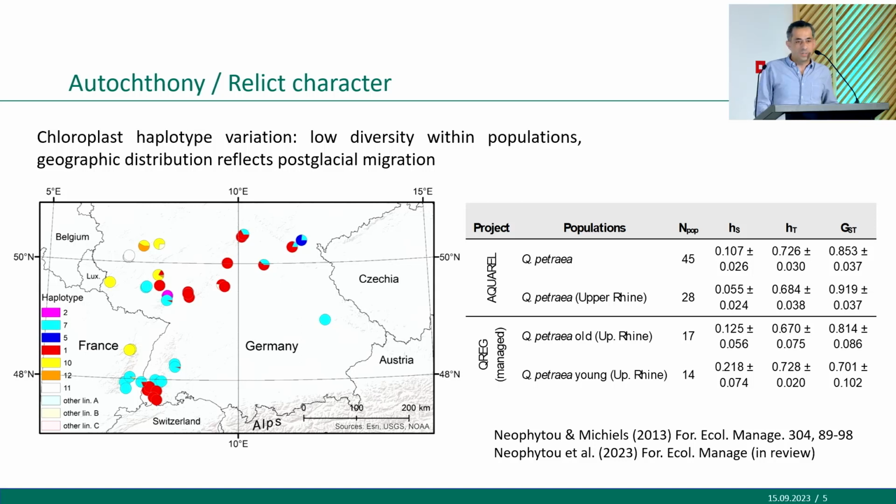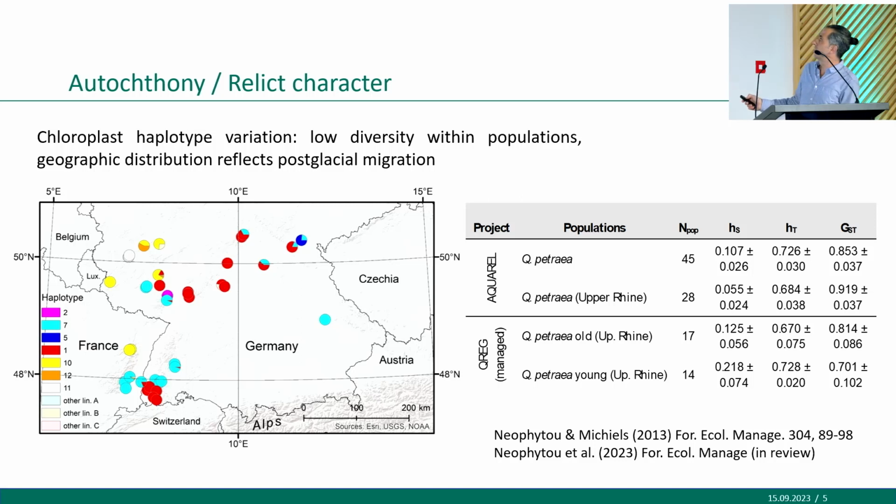And we have here a comparison with managed stands. I forgot to mention that those putative relict stands are unproductive. They were practically unmanaged, or maybe functioned as pastures in the past, or only for fuel wood. And here are the results.